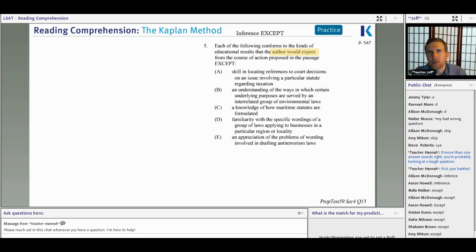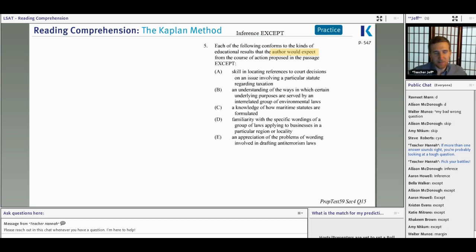Where are you going to research to find something that the author isn't expecting? Where would you be rereading to answer this question? Where can we find what the author is not expecting?